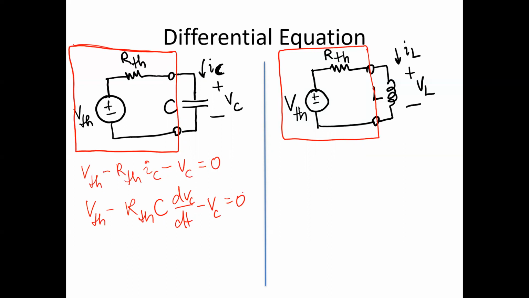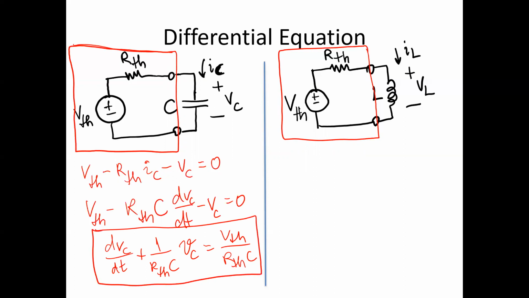And if we want to put this in standard form by pulling out the derivative with a unit coefficient up front, we divide through by R Thevenin times C, collect all of the voltage terms on the left-hand side and toss any term related to the source on the right-hand side. If we do that, we'll find that dVC/dt plus 1 over R Thevenin times C times VC is equal to V Thevenin divided by R Thevenin times C. So this is our differential equation for the first order RC circuit.